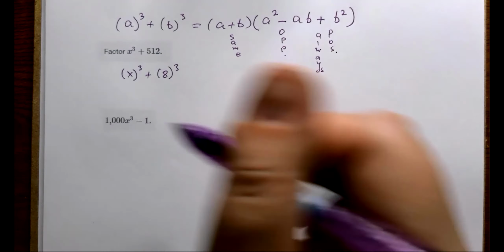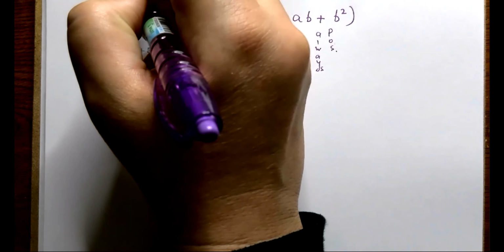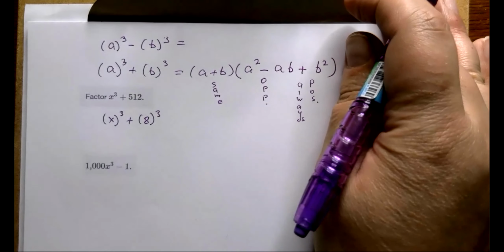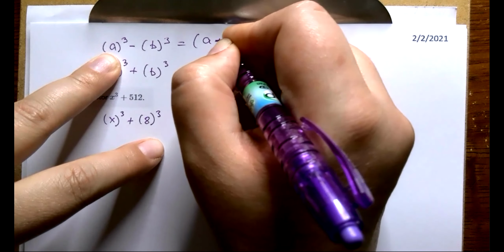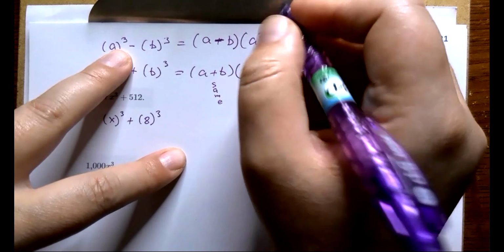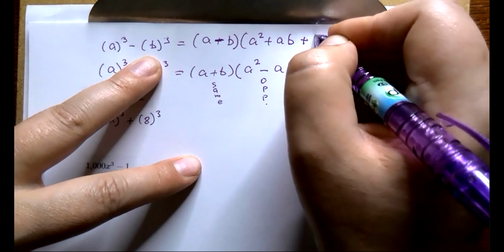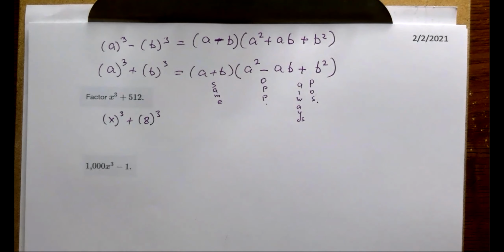Once you remember that, you don't have to memorize the difference of cubes separately. It follows the same pattern, as long as you know which signs to use. For the difference of cubes, it's the same: minus, then a squared, the opposite, which is plus, and the last one is always positive, b squared. Same pattern, just use your SOAP to remember the signs.